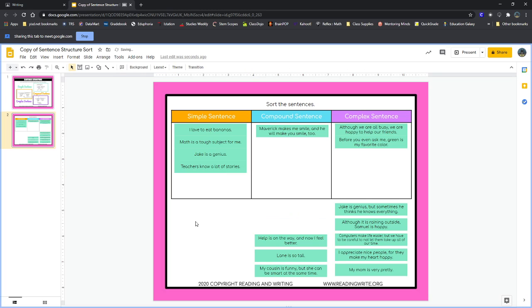Again, very short, not a lot of extra information. Teachers know a lot of stories. Okay, last one we'll do together before we get a chance to try on our own. Help is on the way, and now I feel better. Would this one be a simple, a compound, or a complex sentence? Noah?